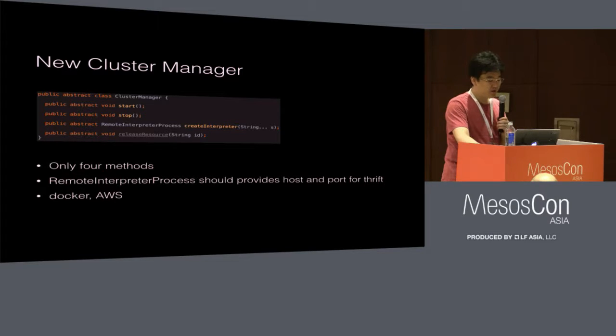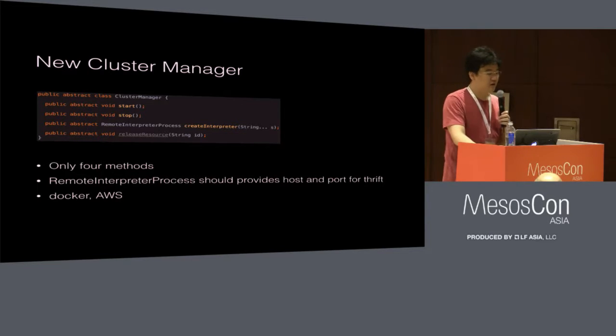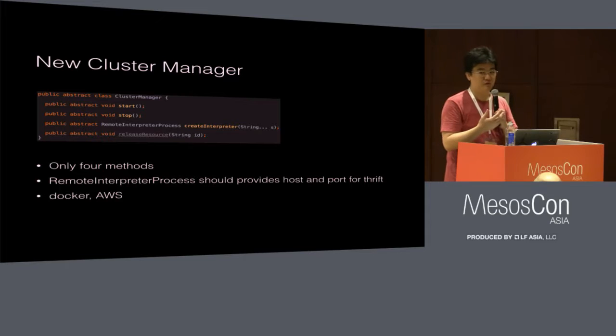The Zeppelin server already has Thrift as an RPC system. So the remote interpreter process should provide how the cluster manager passes the host and port information between the Zeppelin server and the interpreters.